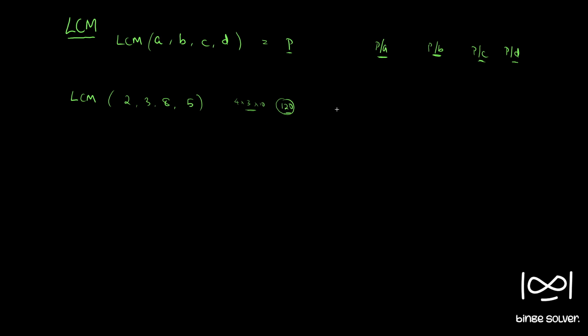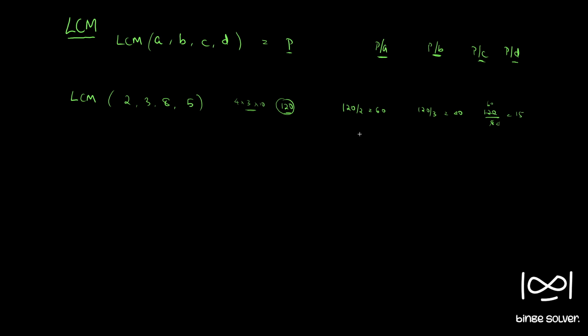We cannot find a smaller number than 120 such that each number divides with this number. So 2 divides with 120, and 120 by 2 is 60. Similarly, 3 divides with 120, 120 divided by 3 is 40. Similarly, 120 divided by 8 is 15.